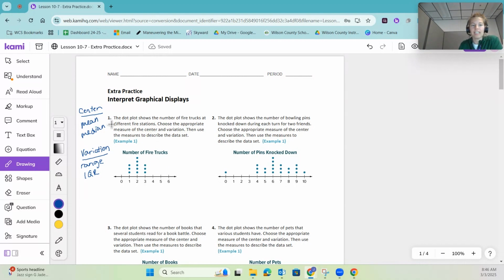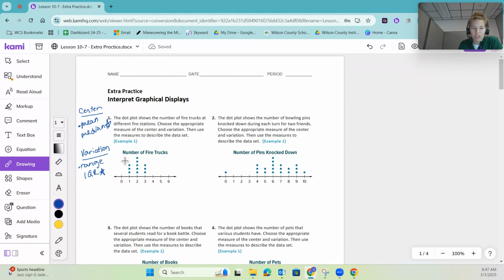If there is an outlier, then we are going to use the median and the interquartile range. If there is not an outlier, you will use the mean and the range. So the appropriate measure of center and variation is determined by whether or not there is an outlier.